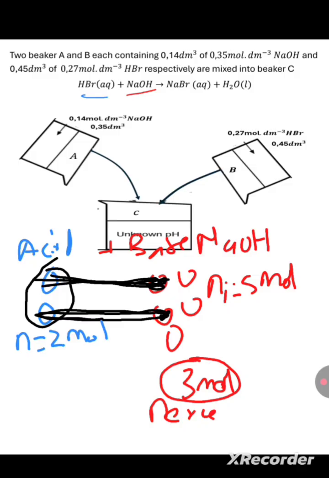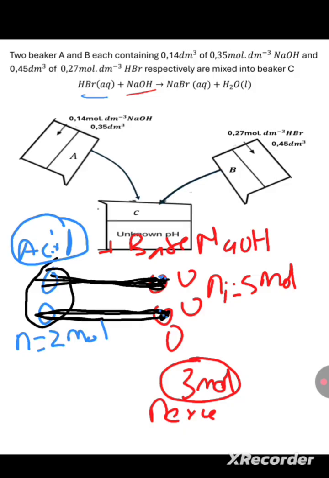Not all moles of the base will react in this case. So two particles from the acid will neutralize with two particles from the base. Then the acid will be finished.